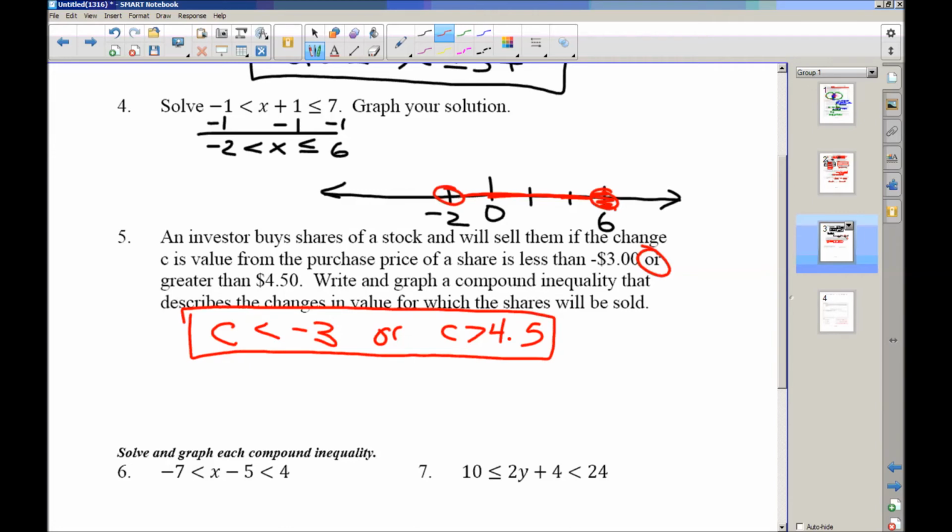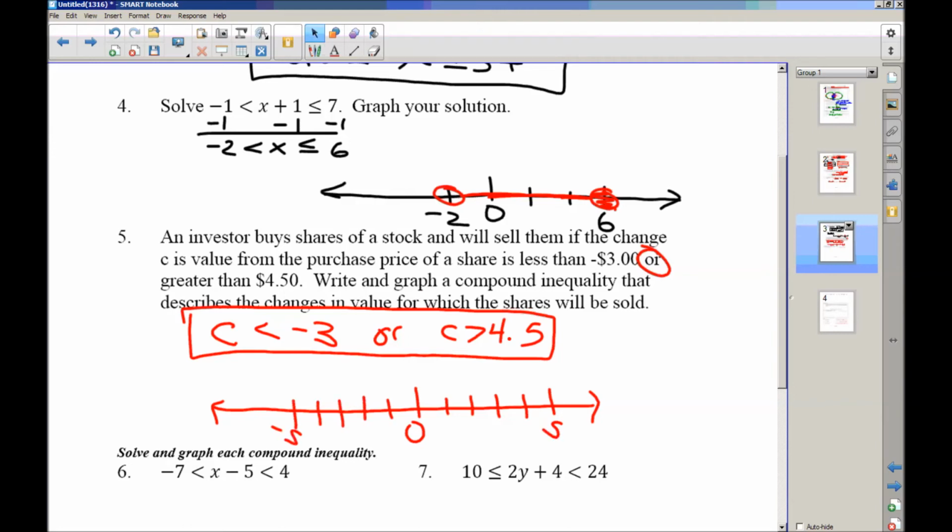Okay. And then we want to graph it. So once again, I have to make a really complicated graph. There's 0, 1, 2, 3, 4, 5. 1, 2, 3, 4, -5. And ours goes from everything that's less than -3. So I put an open circle at -3, and here's all the stuff less, or anything greater than 4.50.